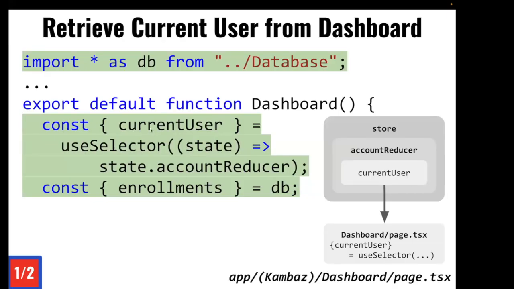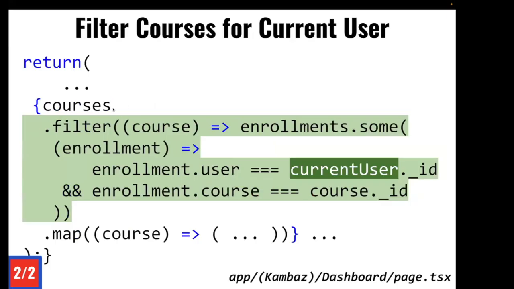And now, if we have enrollments in the database, instead of displaying all the courses, we can filter out the courses so that we only show the courses where the current user appears as the user in the enrollments, and the course is equal to the ID of the course.